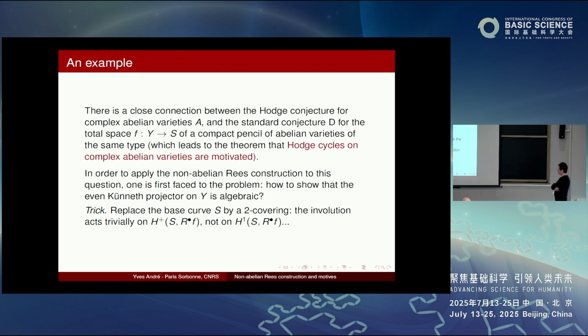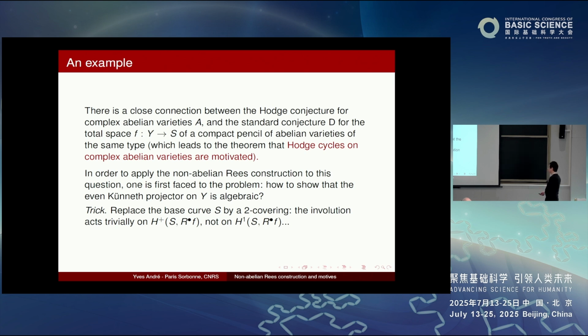If we try to apply the non-abelian Rees construction to this question, one is faced with a problem. So how to show, first of all, that the even Künneth projector is algebraic. Here there is a very simple trick. You may replace the base curve by a two-covering.